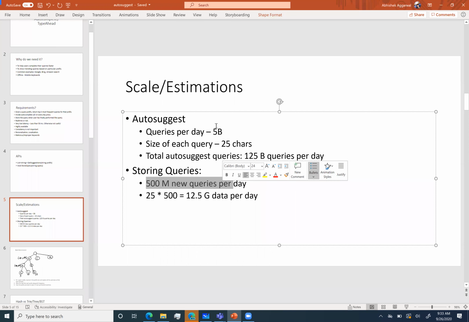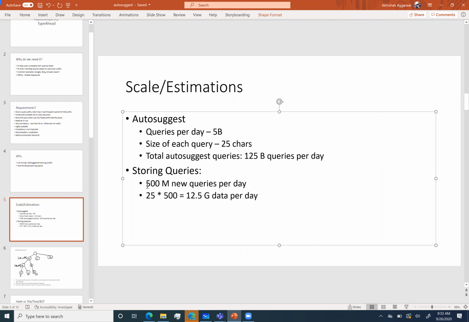We talked about 5 billion queries per day, but out of the 5 billion, only some percentage are new queries. That estimation was 5 million. These are the new queries that we have to store. For others, we just increase the count.